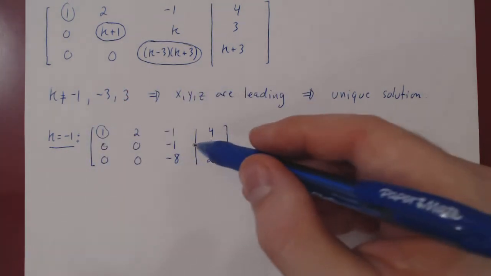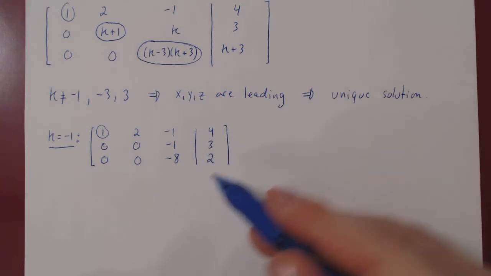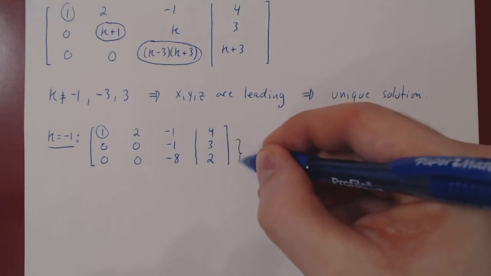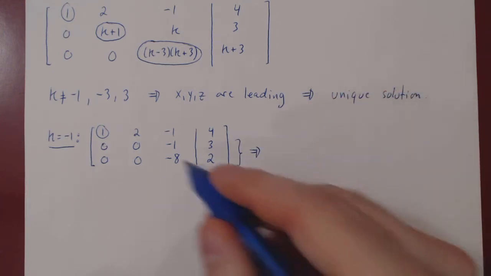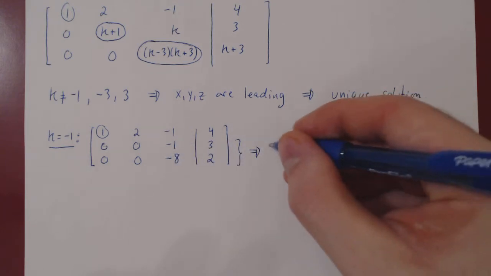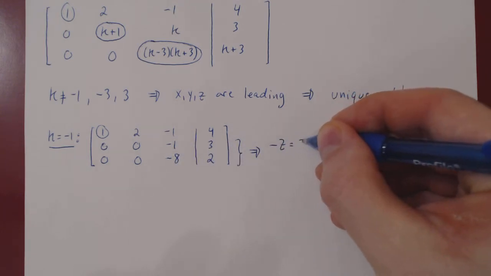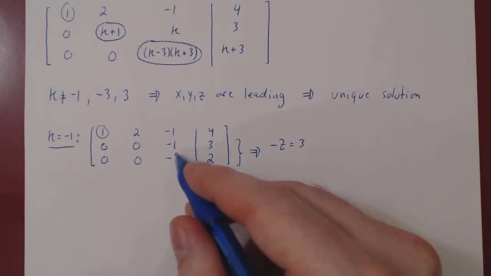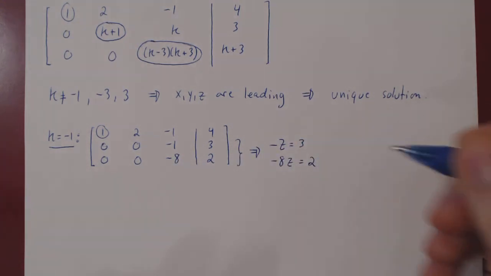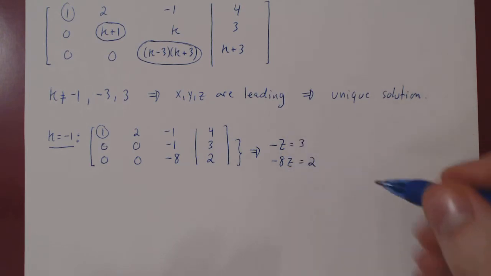If you notice here, the matrix is not fully reduced. But let's look at these two rows. And let's consider now the corresponding equations. If you look at this equation, it says that -z is 3. And this equation says that -8z equals 2. Well, solve for z in both cases.